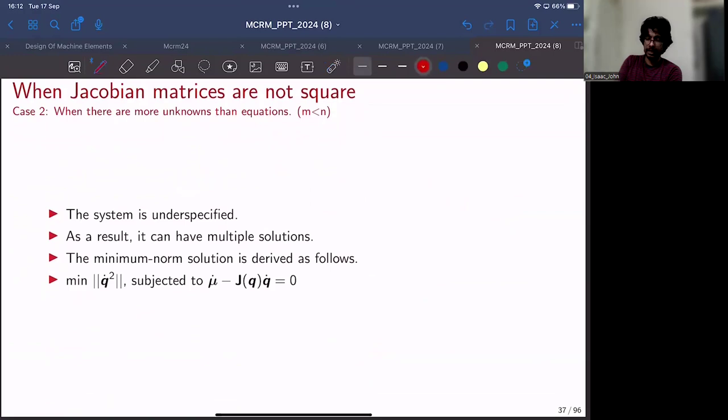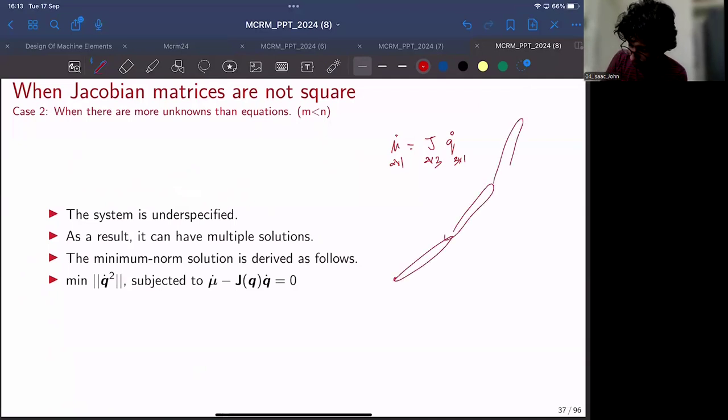Another example is when m is less than n. If mu dot is J multiplied by q dot, where mu dot is 2 cross 1 and q dot is 3 cross 1, then J will be 2 cross 3. So you have more variables, but fewer variables to control. For example, there are robots like this: a 3R robot, which has 3 actuators. But since this is a planar robot, the only things you can control are two positions.